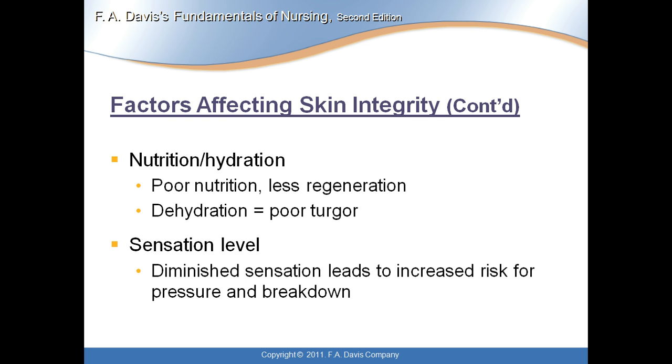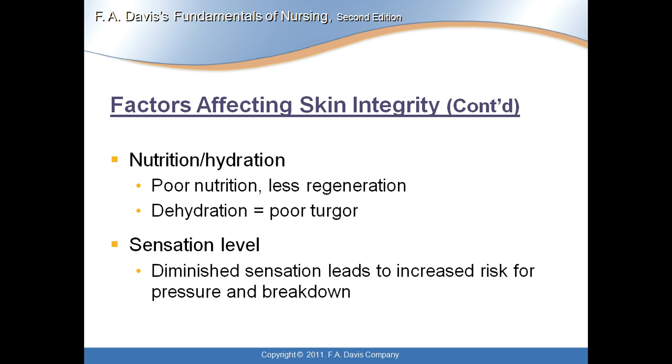So for nutrition and hydration, we've got protein, which is needed to maintain and promote healing, maintains skin and repairs defects, and also preserves extracellular volume. With poor nutrition, there's less regeneration, and for dehydration, it equals poor turgor. We also have cholesterol, which at low levels can cause skin breakdown.